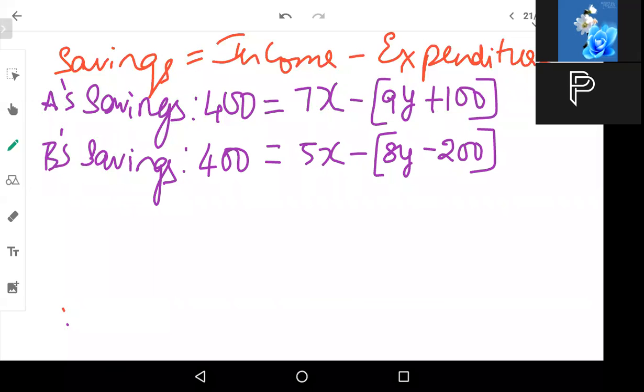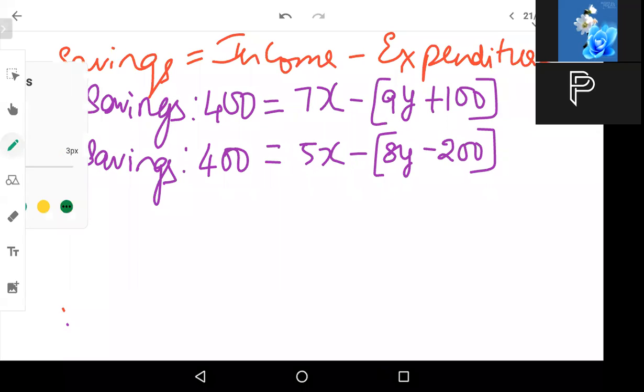Only if he is spending 8y minus 200, then only he will be saving 400 rupees. Okay, now we will take each of the equations, simplify them and get into the form of the equations where we can solve them. After that, again simultaneous equations we will solve. Yeah, correct, Gauri, the answers are right. Yes, Ainas. Now let us simplify.